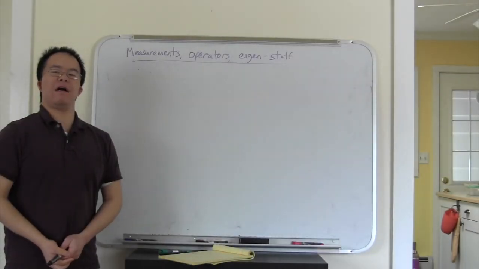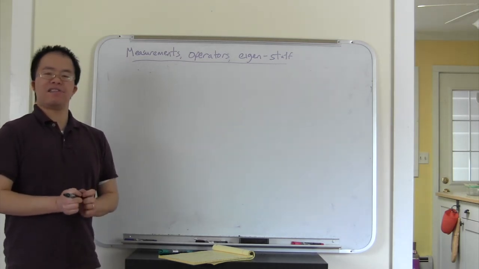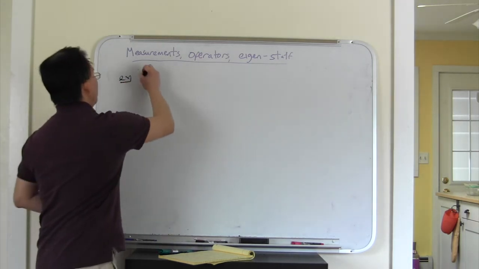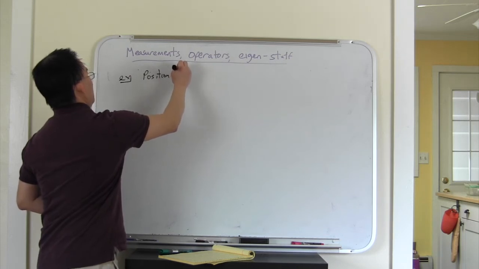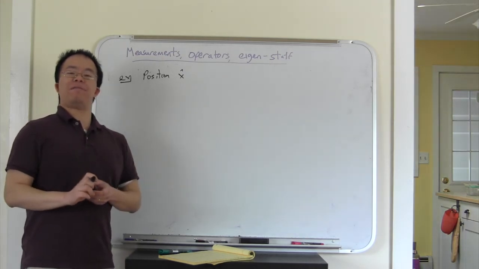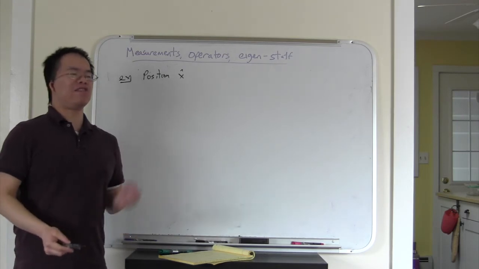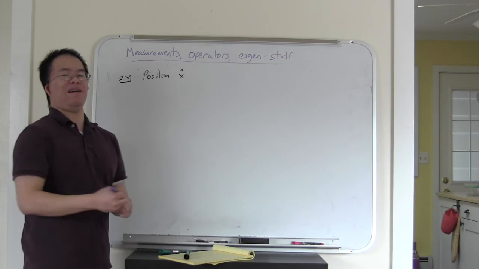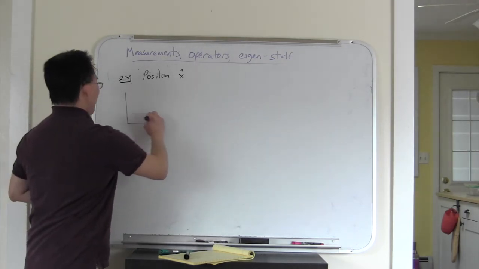I want to give you two more examples of eigenfunctions or eigenstates and operators. The next one I want to mention is position, the operator X hat. So what are the eigenfunctions of position? Well, if I just draw some arbitrary wave function, I think you can convince yourself that that's not going to be an eigenfunction.